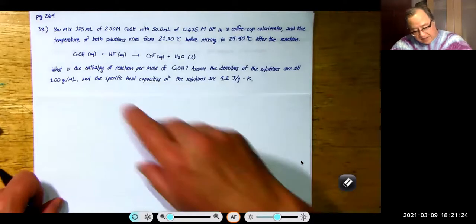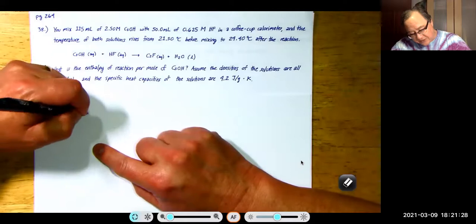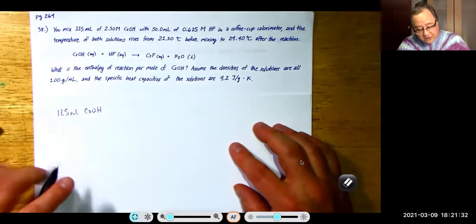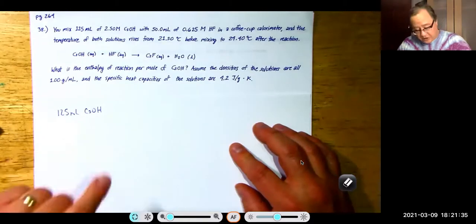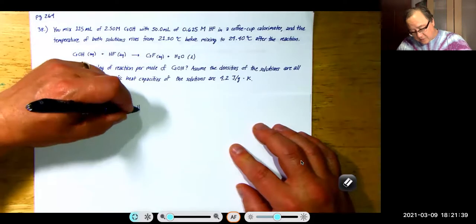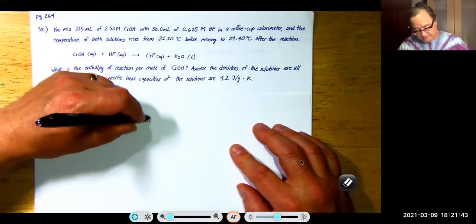And we can see that we have 125 milliliters of the cesium hydroxide solution. Since molarity is in moles per liter, I need to convert that into liters. So I'm going to multiply by 1 liter of the cesium hydroxide per 1,000 milliliters of the cesium hydroxide.